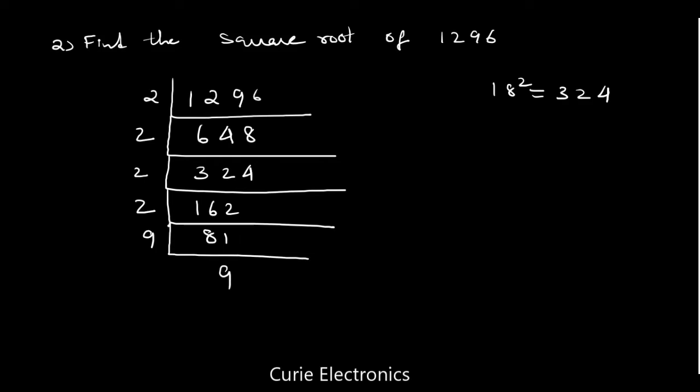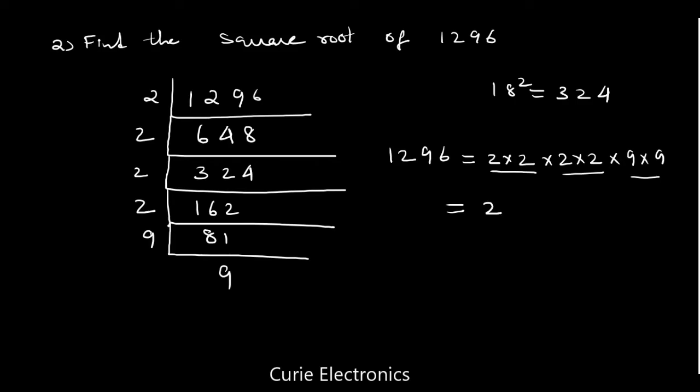Now, 1296 equals 2 multiplied by 2, then 2 multiplied by 2, then 9 multiplied by 9. From each pair of numbers, we will take one number out.